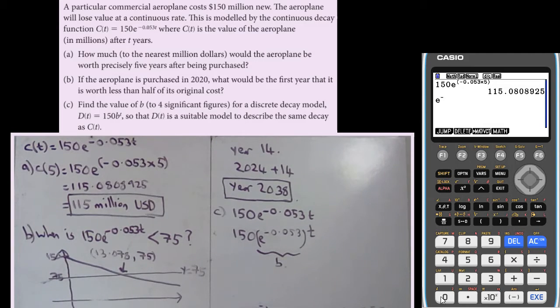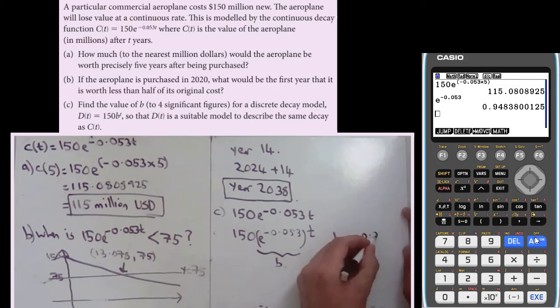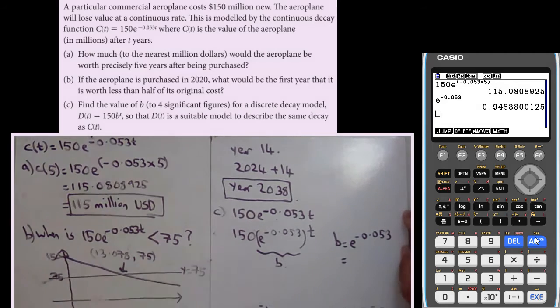e to the power of minus 0.053, so b equals e to the minus 0.053 equals 0.94838 and so on.